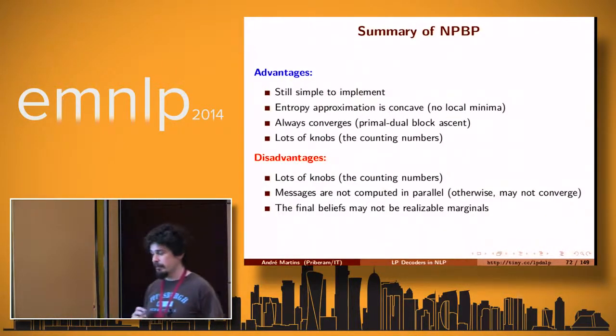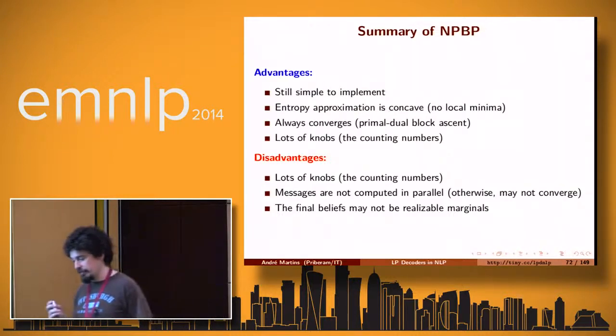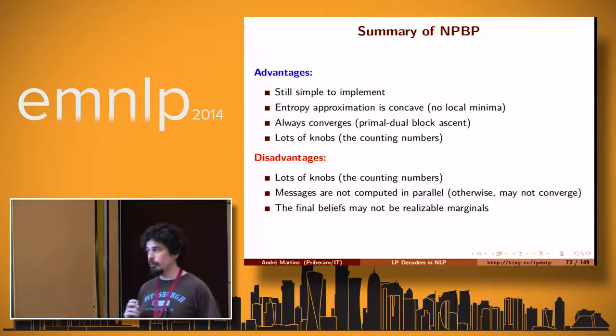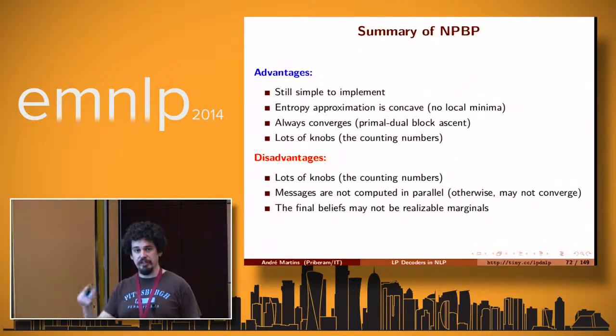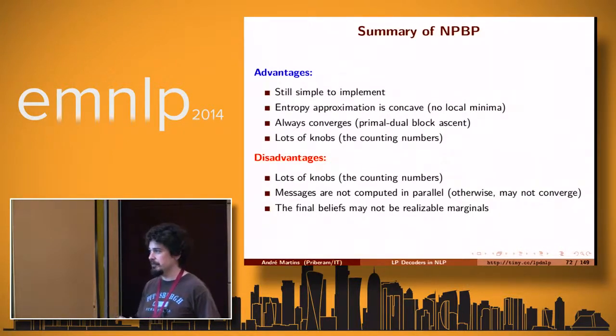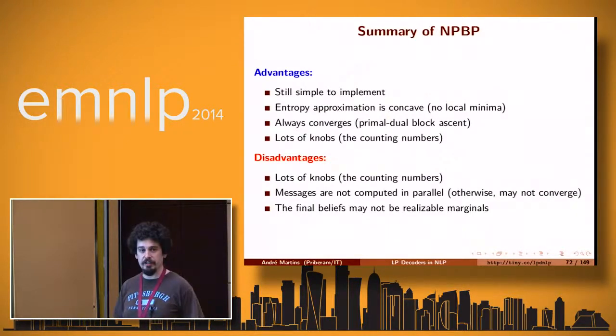When you update a factor to variable message, we also need to update all the factors that are connected to that variable. So you cannot compute first all variable to factor messages and then all the factor to variable messages. We need to compute things in a particular order. And also the final beliefs may not be realizable marginals. This is something which happens with all these message passing algorithms.